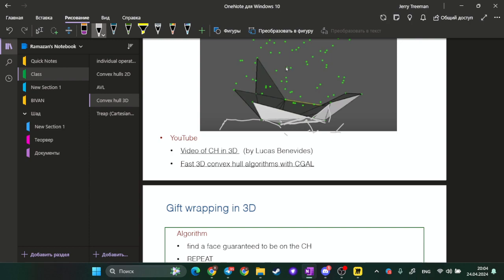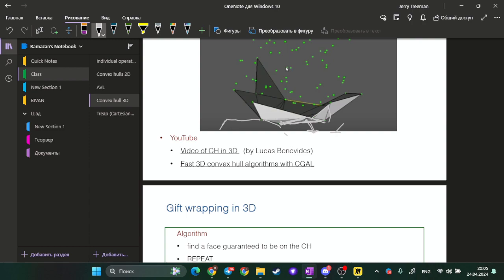We need to find the smallest angle between this normal vector and all of these faces that are based on this edge, and so on. So we have some vectors and so on.